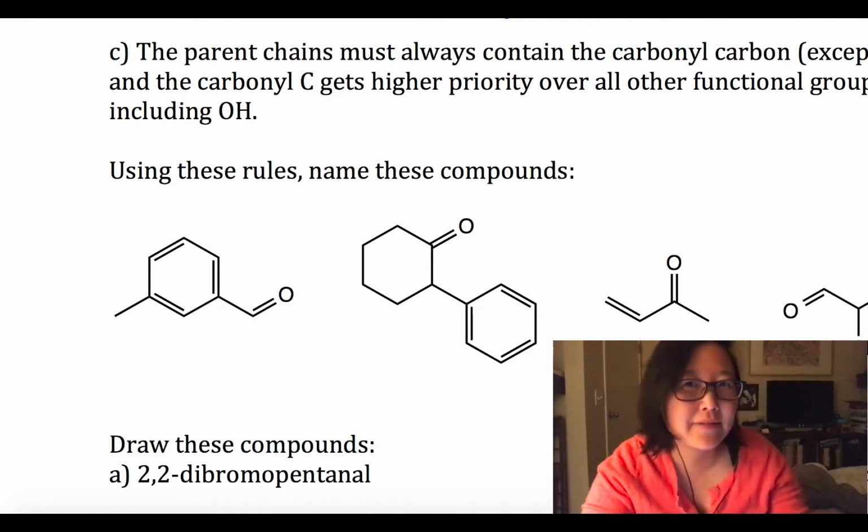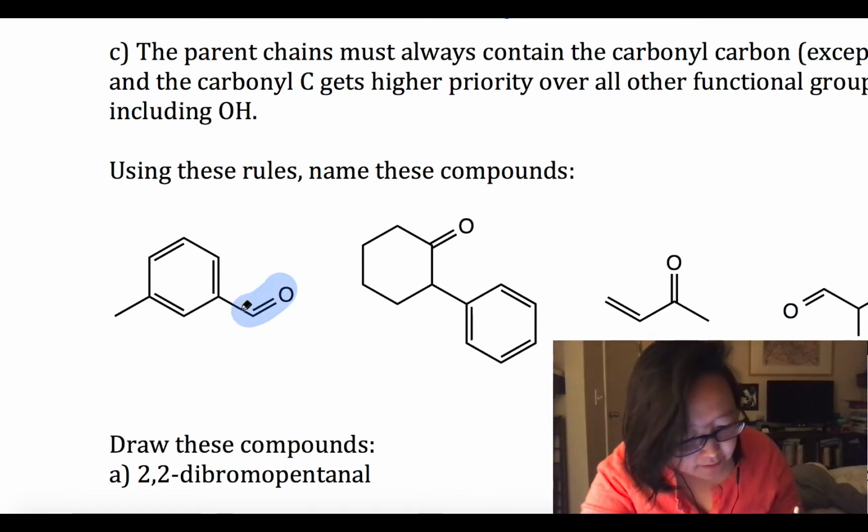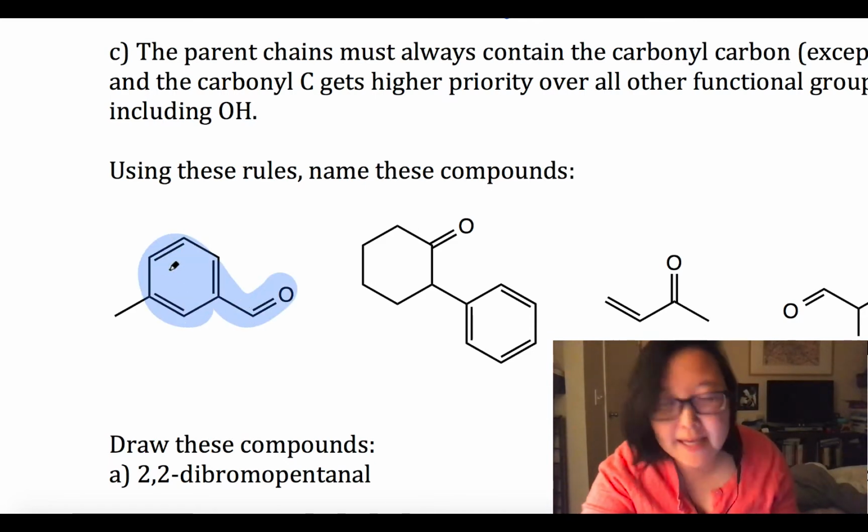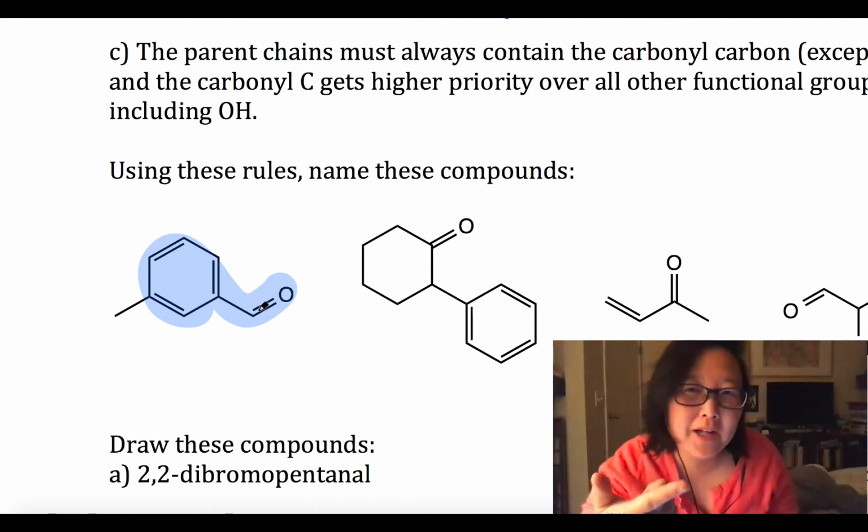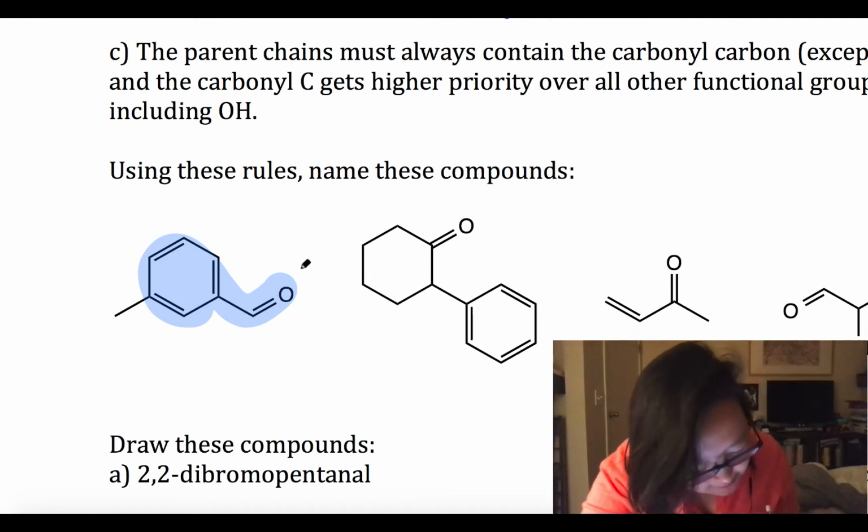However, at the end of last quarter, we learned about all these different benzene-containing compounds, and we learned about phenol, toluene, maybe xylene, benzoic acid, and benzaldehyde. So actually, the parent is benzaldehyde. So we would say 1, 2, 3, 3-methylbenzaldehyde.